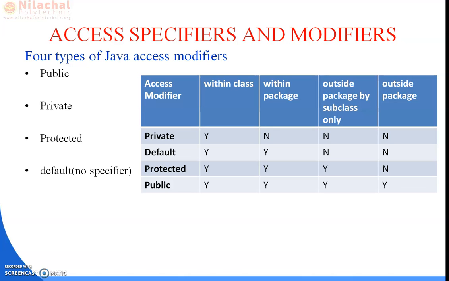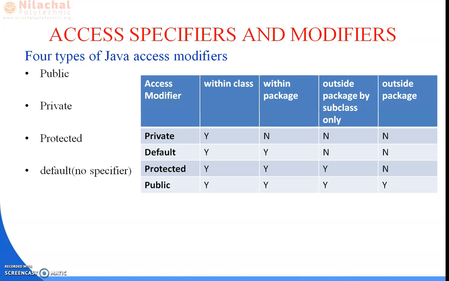Previously we discussed how they are used in a class and where they can be accessed, but now we will discuss it briefly. As you know, there are four types of Java access modifiers: public, private, protected and default.